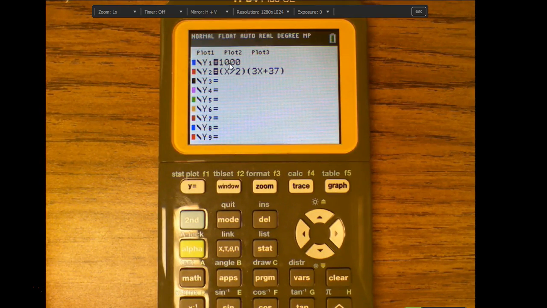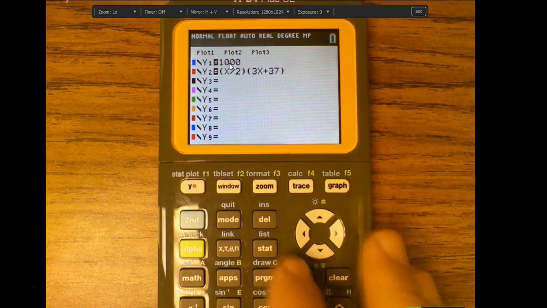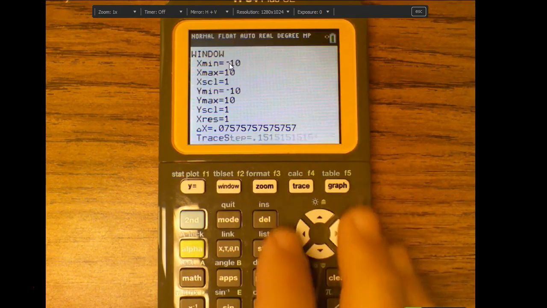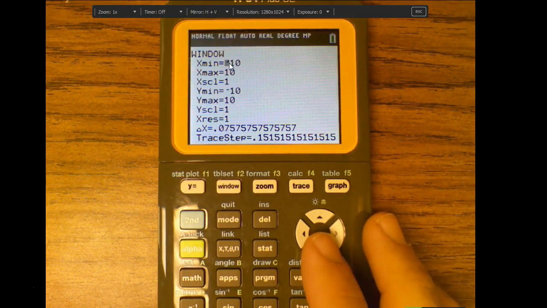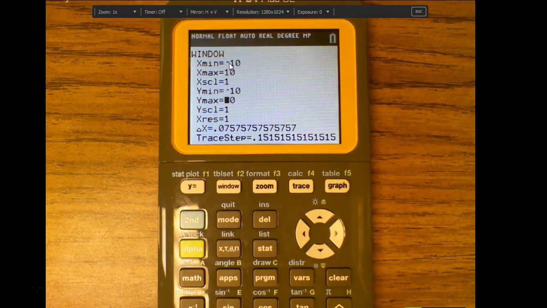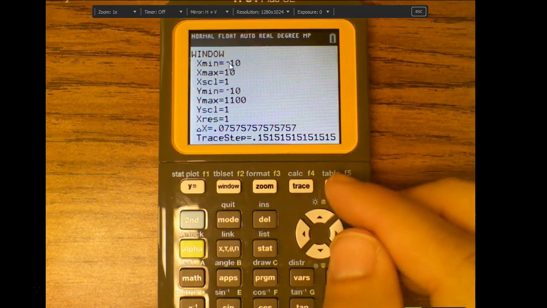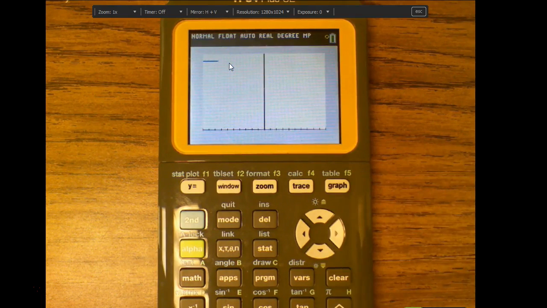So I'm going to have to toy with my window a little bit. The x's I'll come back to. We'll see what my graphs look like here. But my y maximum, let me go at least over 1000 to make sure I get the y equals 1000 graph on my screen. But let's take a look. So I'm going to hit graph.